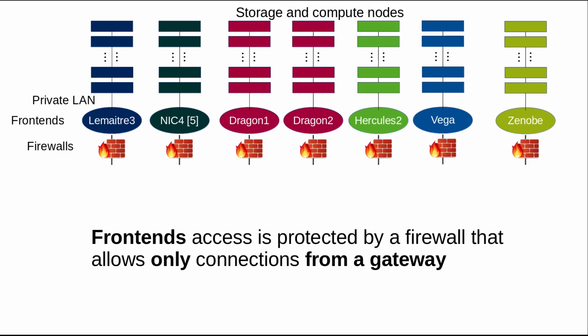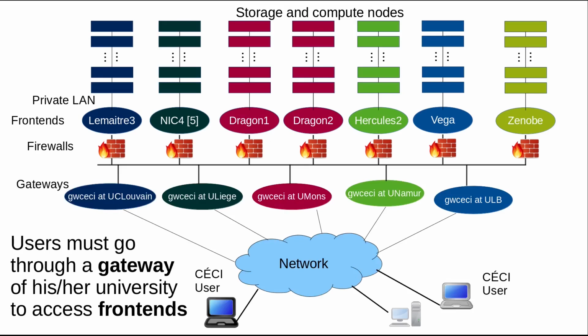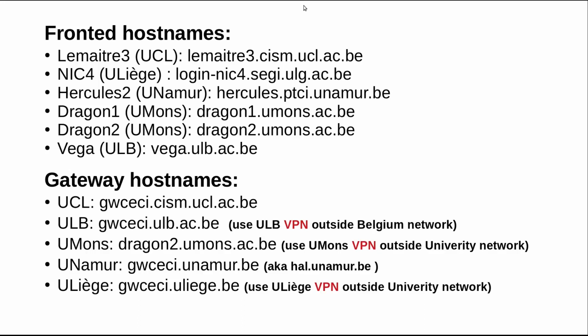Access to the frontend is protected by a firewall that only allows connections from a gateway. SESI users must go through a gateway to access the frontend. Here are the host names of the frontends on each cluster and the host names of the gateways.